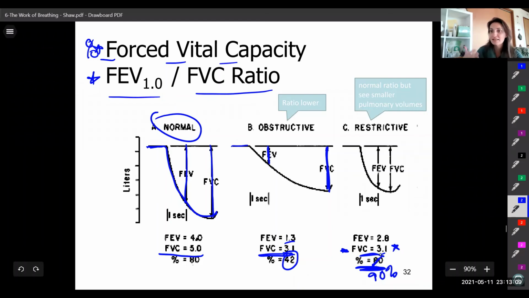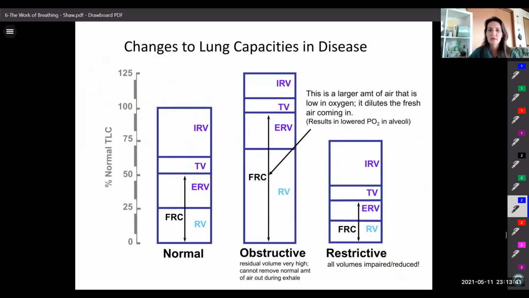But still, the idea is we would see a normal, right, ratio. But when we look at the FVC itself, we see that that volume is too low. What it's showing us is that in obstructive disorder, we see that the functional residual capacity, the FRC that we were discussing earlier, which is a volume that describes both the expiratory reserve volume and the residual volume, right?